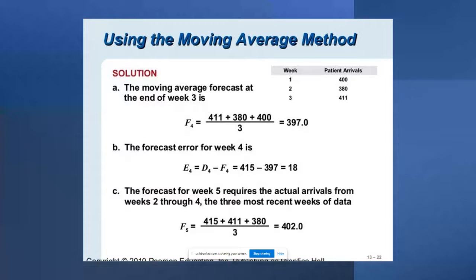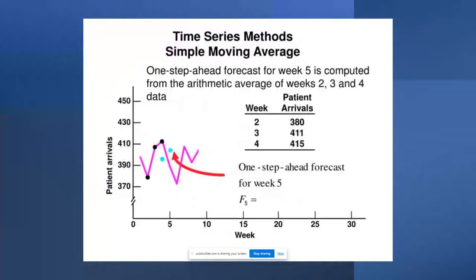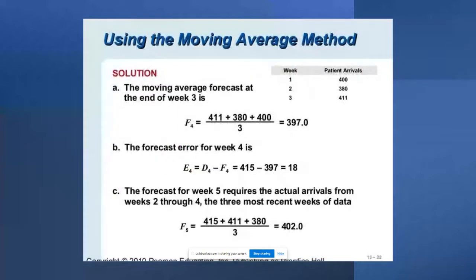The forecast error for week 4 is 415 minus 397. And the question is, where did that 415 come from? Okay. That's shown here on the next page. But those are patient arrivals for week 4. So the 415 is given. The error between the actual of 415 and the forecasted of 397 is 18.